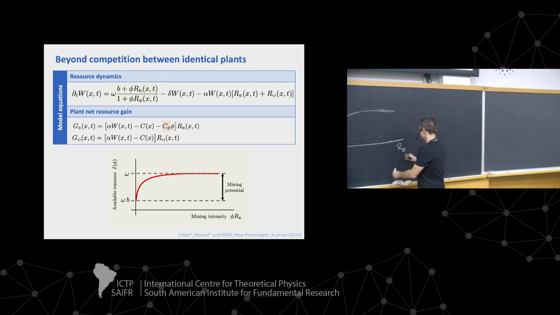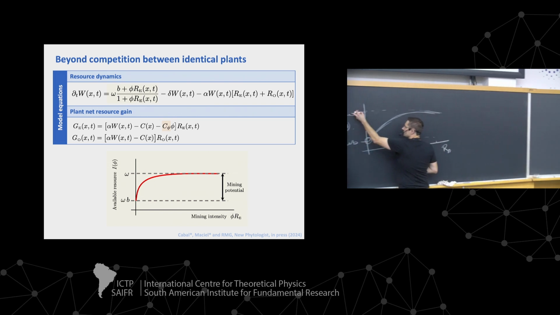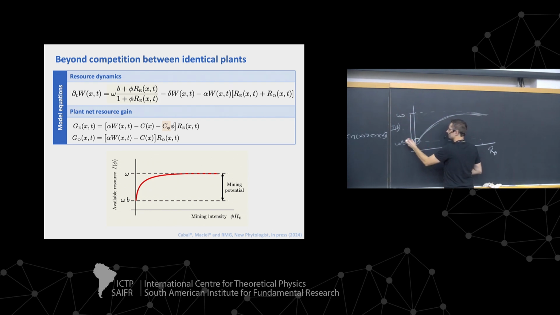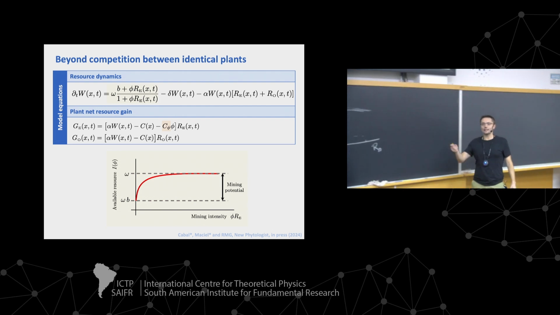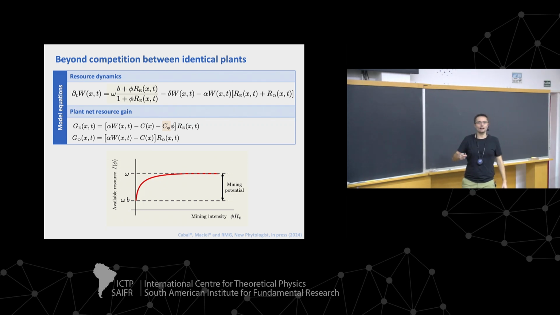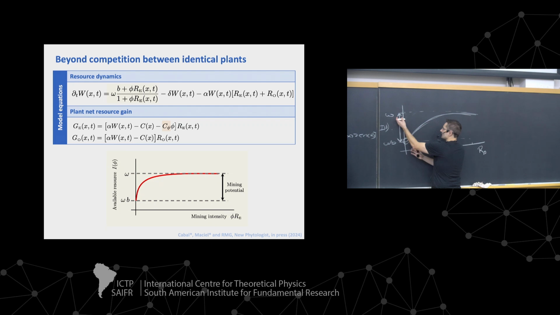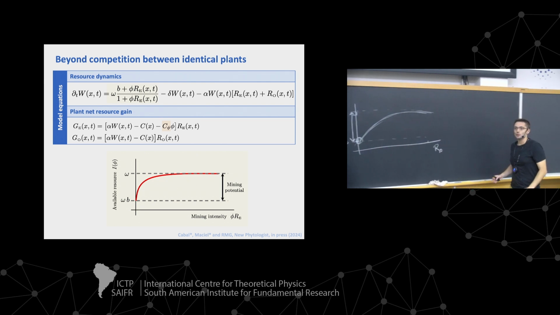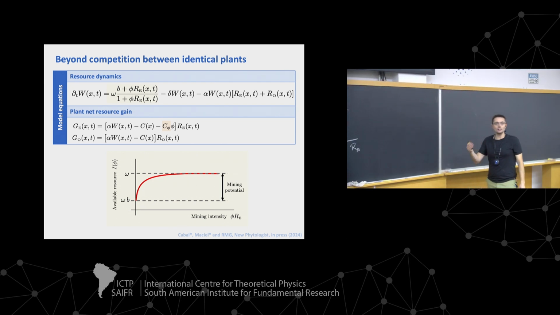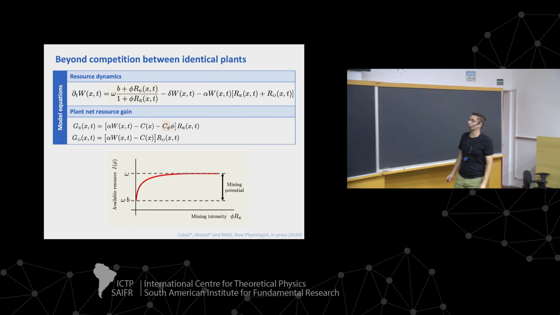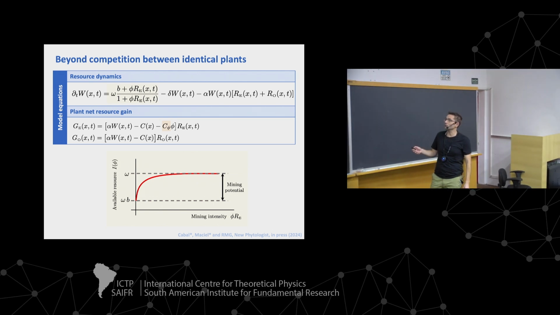On the one hand, this difference here gives me how much resources I can extract from the ecosystem by engineering it, right? If without engineering plants my baseline is here, then there is a little bit that I can gain. But if I start from very low, I can extract a lot of resources. So this gives me an idea of the potential of improvement that my ecosystem has, the mining potential that I call here.